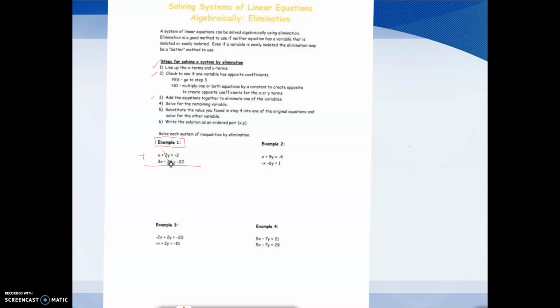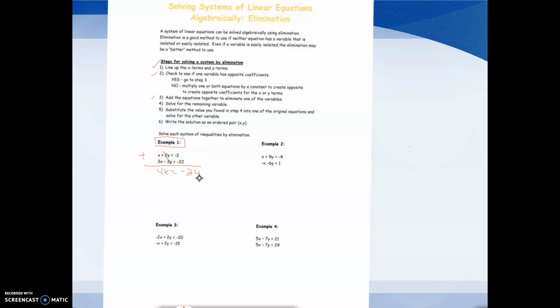So your job then is just to go ahead and solve for the remaining variable, which in this case will be x. So we're going to have 3x plus x, which is going to be 4x, okay? And that is going to equal -22 and -2 would be -24.